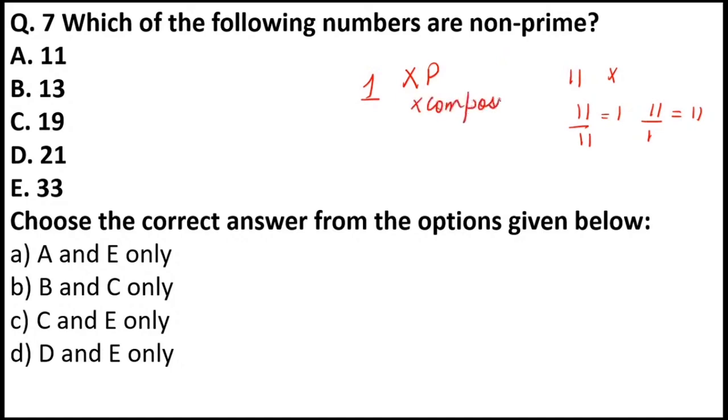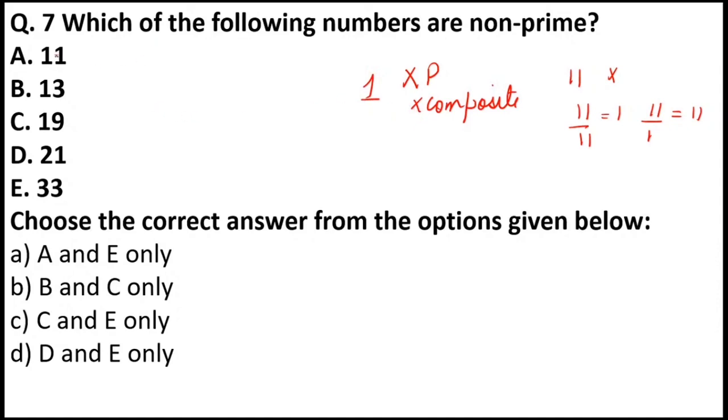You might think, okay ma'am, 1 can only be divided by 1 and itself, but that is not the case. 1 is not a prime number. 2 is a prime number, 3 is a prime number, 5, 7, 11, 13, 17, 19, 23. All these are prime numbers.